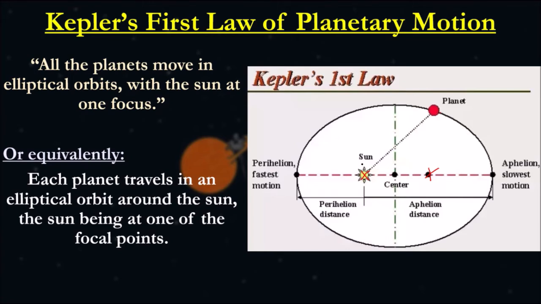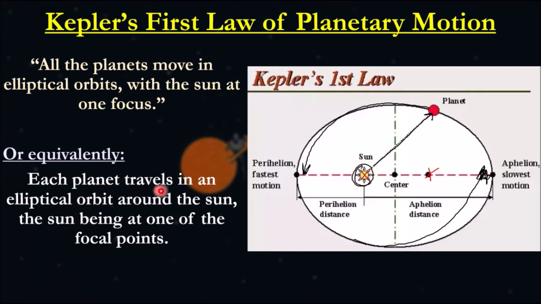However, what we notice is the planets actually don't do that. Say the sun is in this position here. At this point, the planet is closer to the sun, and at this point, it's further away from the sun. So it creates that egg shape or elliptical shape of the orbit.